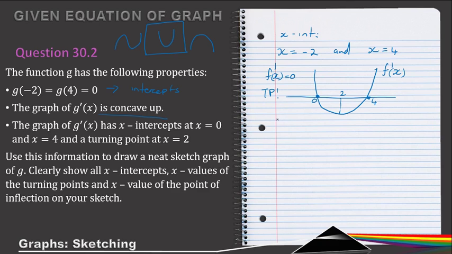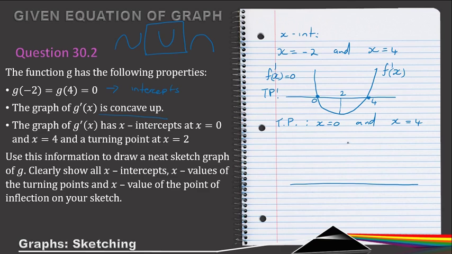So we know that our turning points are at x equals 0 and at x equals 4. All right, and that's all the information they give us. Okay, so let's use this information and see if we can sketch this graph.